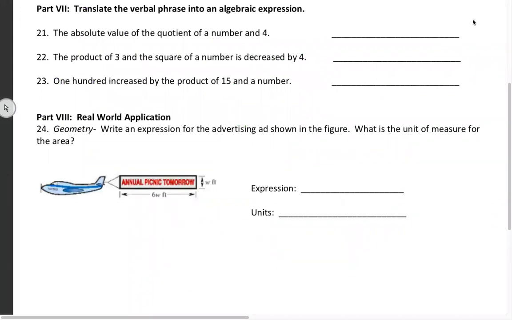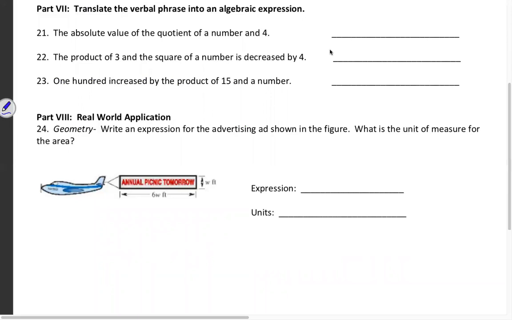Now we have write an expression. So write an expression for the advertising ad shown in the figure. What is the unit of measure for the area? So for these, what we have to do is we have to write the expression. So it says for the area.